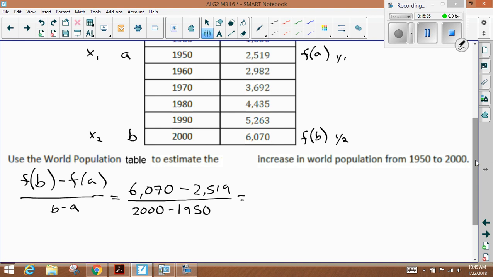So 6,070 minus 2,519 over 50. We get an average rate of change of 70.02. 70.02 what?